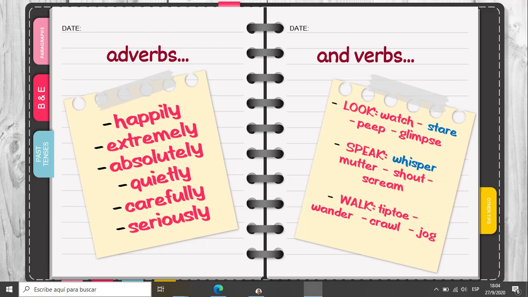Now think about whisper. To whisper is to speak very quietly to somebody so that other people cannot hear what you're saying. And what about crawl? Crawl is to move forward on your hands and knees. So try to learn new verbs.